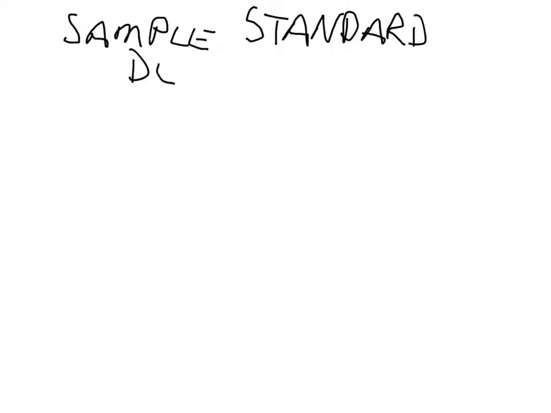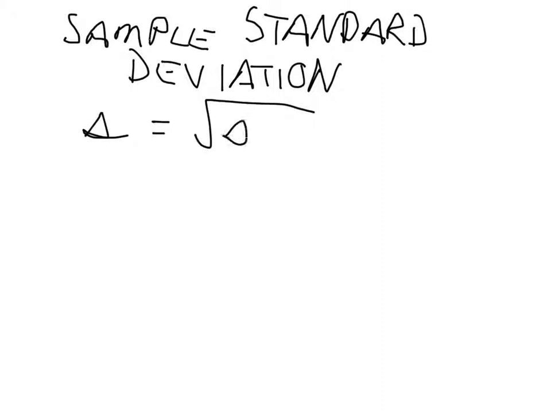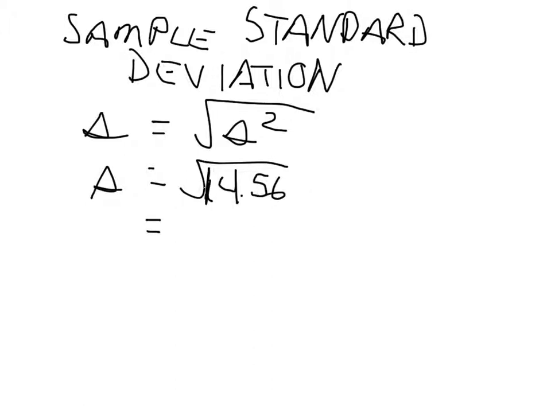But that is very simple. Once you have variance, to get sample standard deviation, that's just plain script s, and you take the square root of s squared. So in this case, you're going to take the square root of the 14.56 and end up with 3.82.